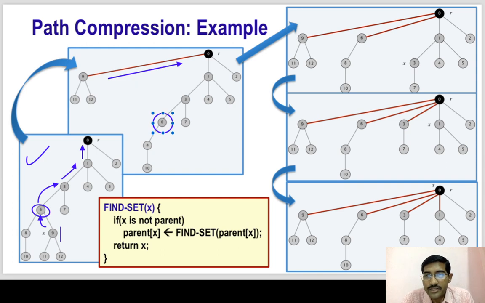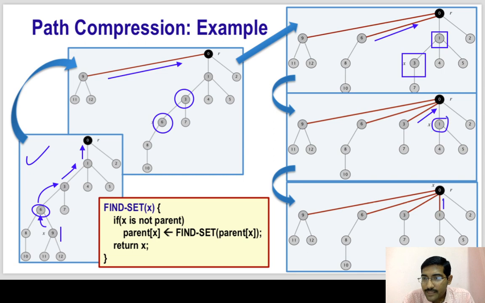In the second iteration, similarly in a recursive manner, we will point this parent back here, and the next level parent here becomes my X. Recursively again, this will point back here. The next level parent, this one, will be my next X. So now my X is this one.